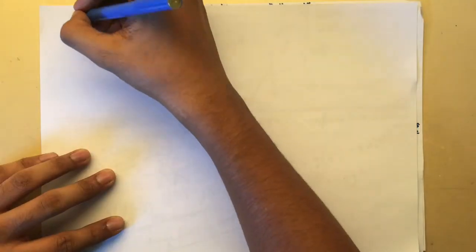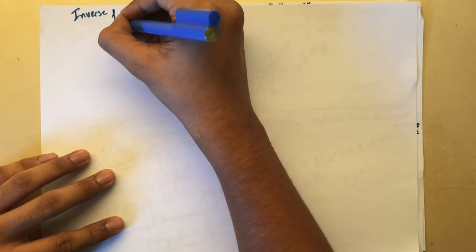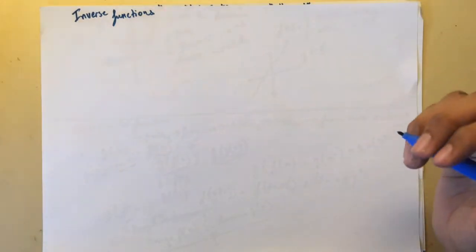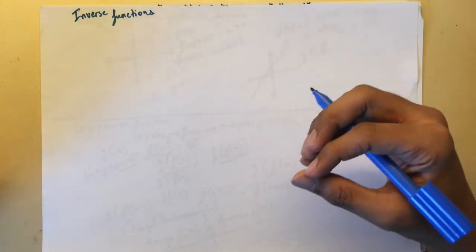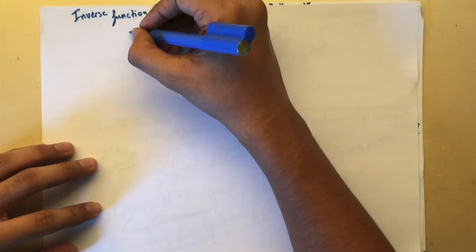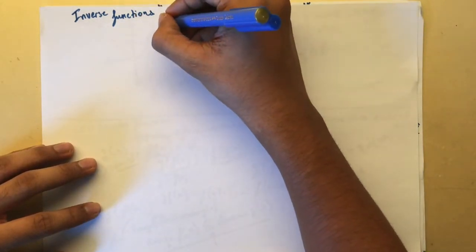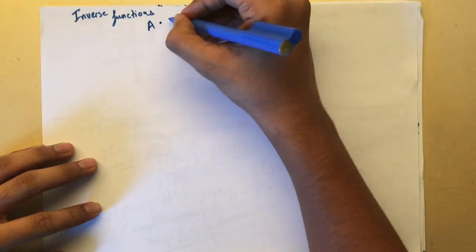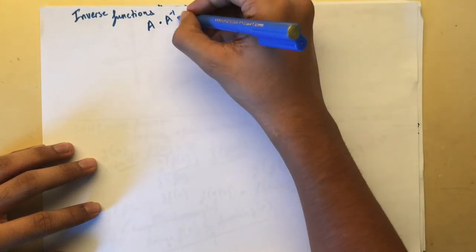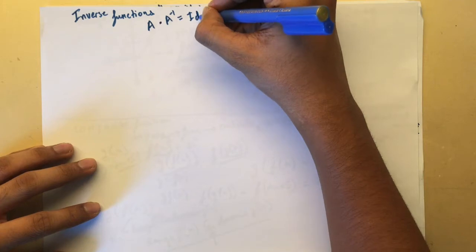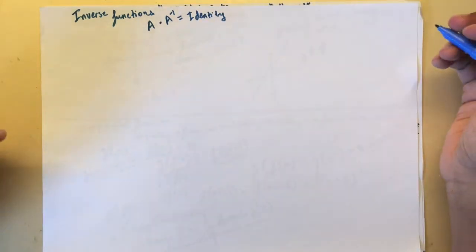Something that we need to know is inverse functions. The inverse is basically anything such that when you do the operation of something with its inverse, let's say the operation was this dot, so a dot a inverse, the operation should always give you the identity of that operation.